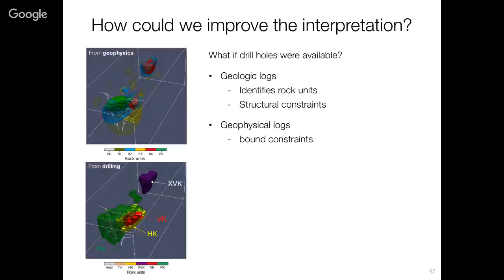But really, if we had taken this and we were able to put down like 2 drill holes here, and get a geologic log, that would identify some rock units and provide some structural constraints. And a geophysical log could provide some bound constraints, then I think we could even redo the process and be even better.